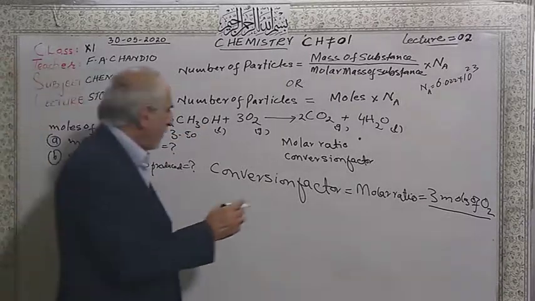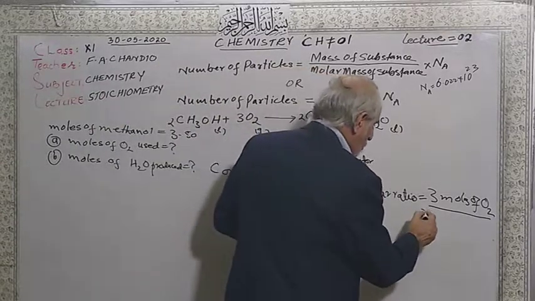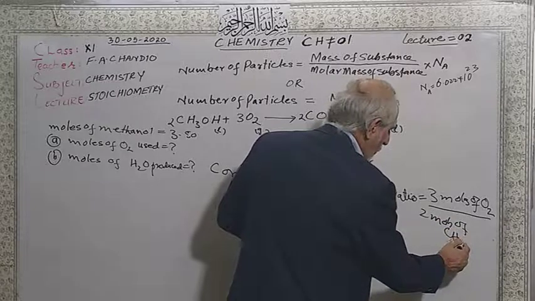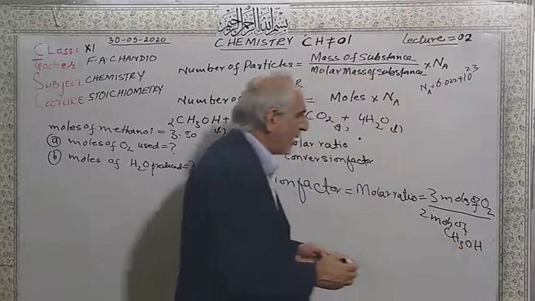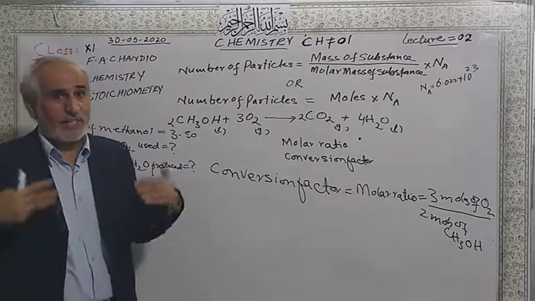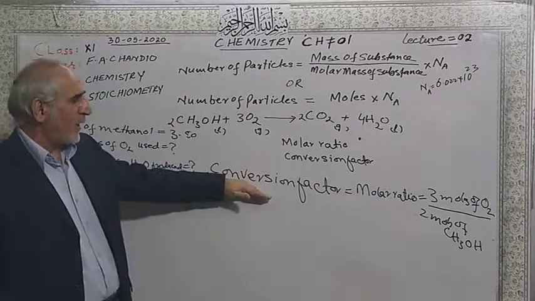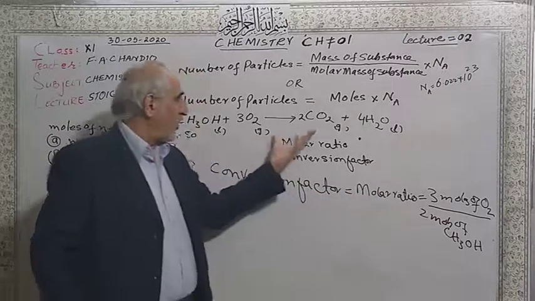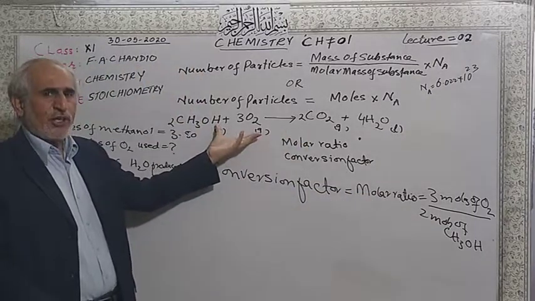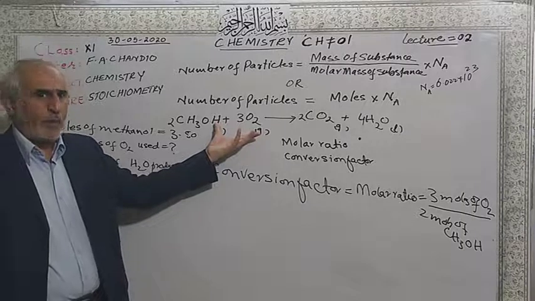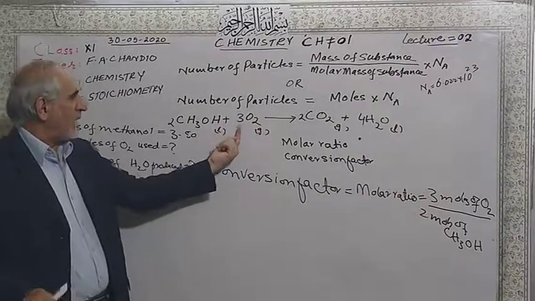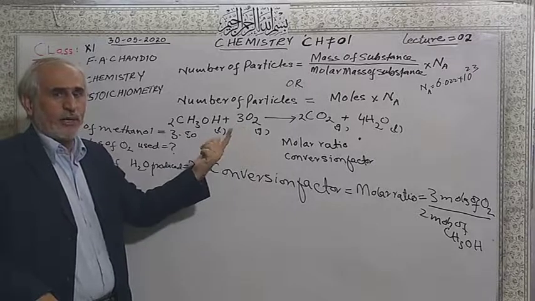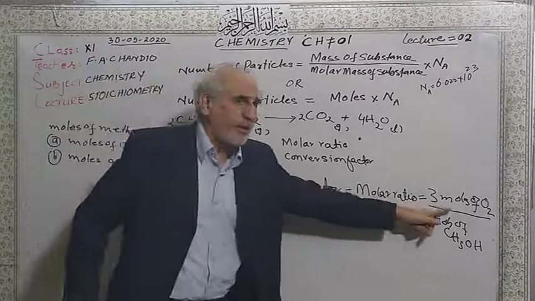Given quantity in the balanced chemical equation should be denominator. So how many moles? 2 moles of methanol. This is called a conversion factor. Again, I am telling you in a very simple way, the conversion factor is equal to molar ratio. This molar ratio means from the balanced chemical equation, the quantity you want to calculate should be numerator side.